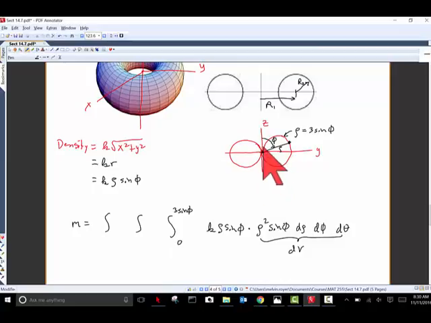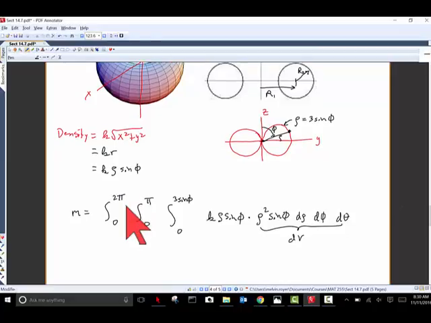Phi, so the circle is tangent to the positive z-axis, and so phi starts at 0, and it works its way around until it's tangent to the negative z-axis. By that time, phi has run through pi. Theta is a full 0 to 2 pi revolution around the z-axis.